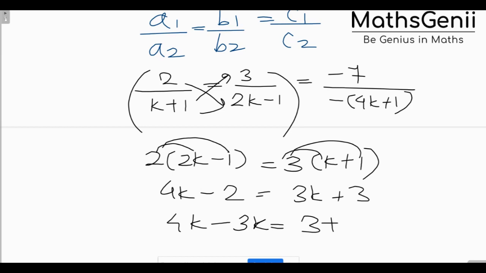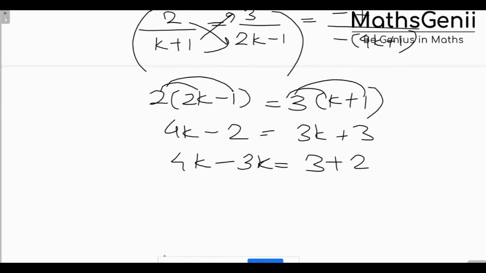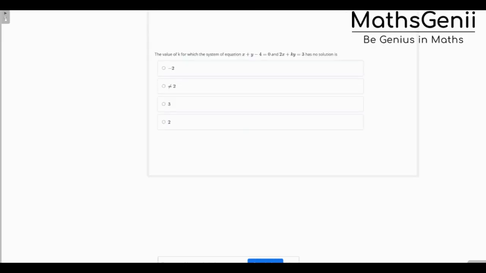Plus 2 goes that side, becomes minus 2 goes that side, becomes plus 2. 4 minus 3, 1. 3 plus 2, 5. So k is equal to 5 is your answer. Very simple, very simple. Okay, let's look at the other question.